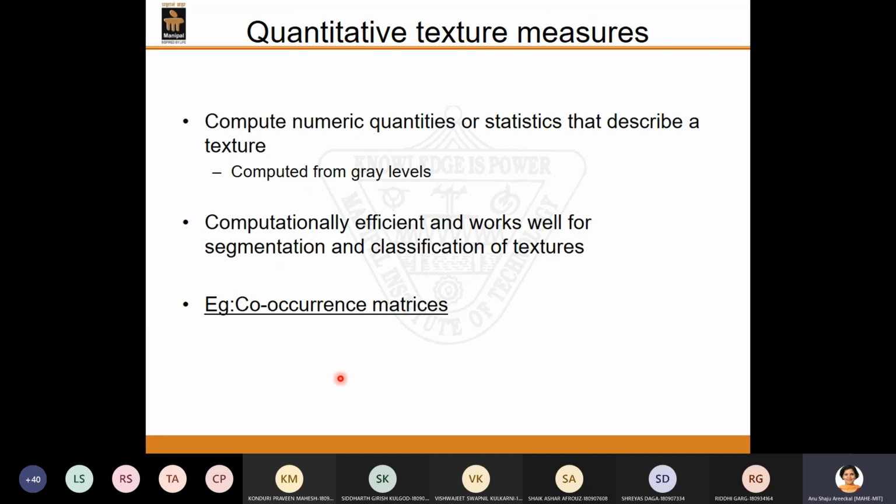Now coming to quantitative texture measures. There are various feature extraction techniques which can be used in order to find the texture of an image.